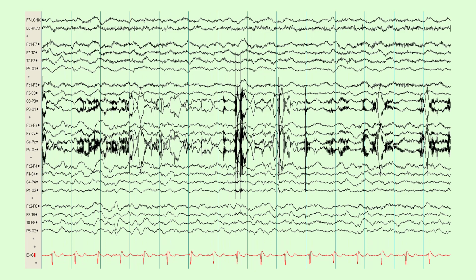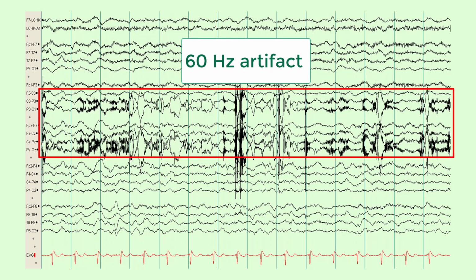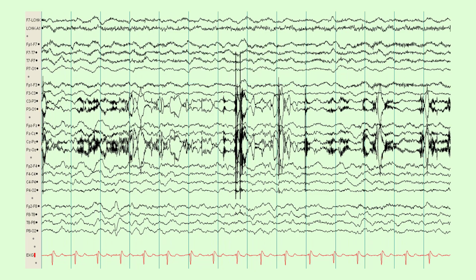The other artifact that's seen is called 60 Hz artifact, which is shown as the dark scribble-like waves. 60 Hz interference is a frequency from outside electrical currents that have somehow entered the EEG through a poor electrode contact.